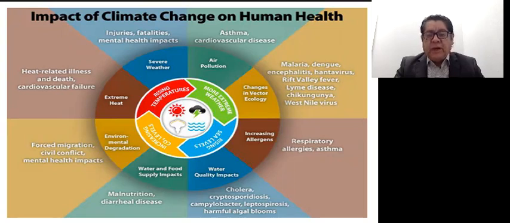The germs can enter the body through the mouth, respiratory tract, eyes, genitals, broken skin. That is why climate change has an important role in human health. Air pollution, vectors, allergens, water quality, food, environmental degradation, extreme heat, and severe weather are the factors that impact human health.